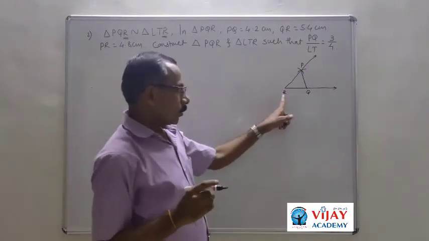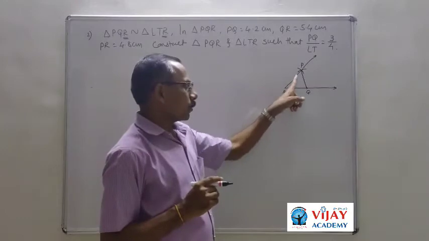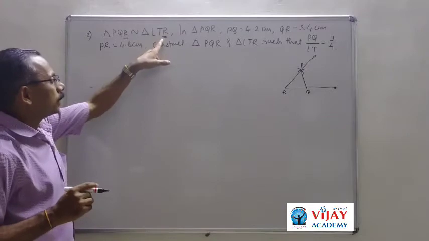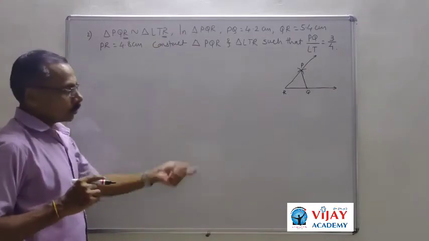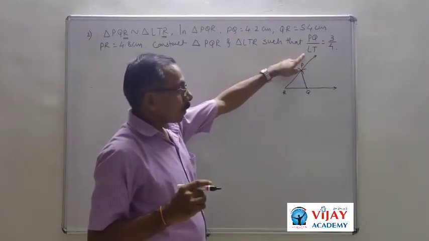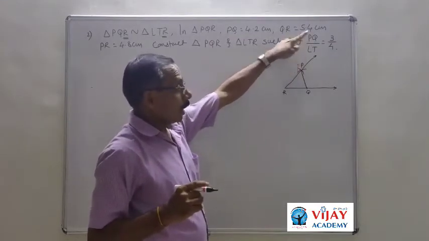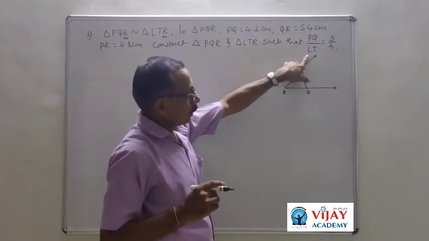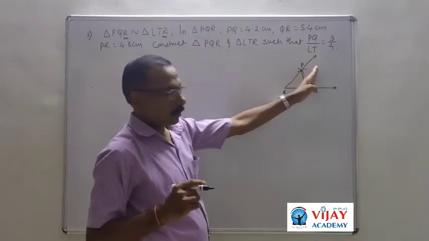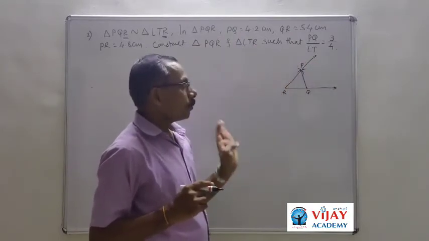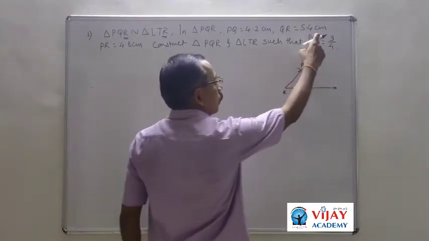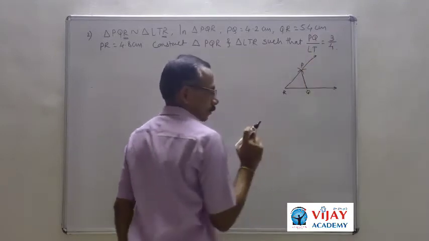In the second triangle LTR, R is also the common vertex. LT has a bigger length than PQ, so triangle LTR is outside triangle PQR. PQ upon LT is 3/4.